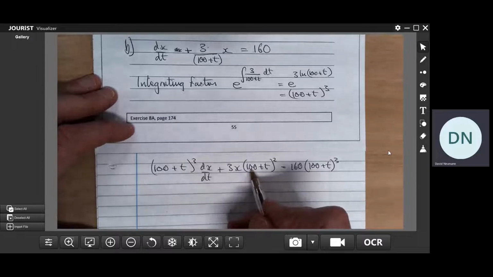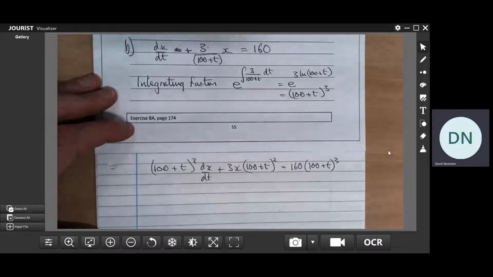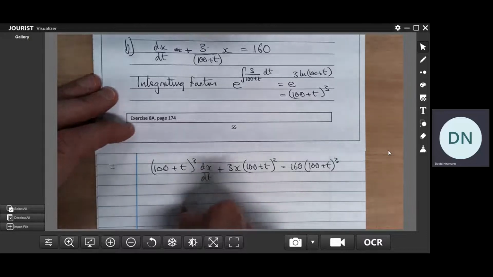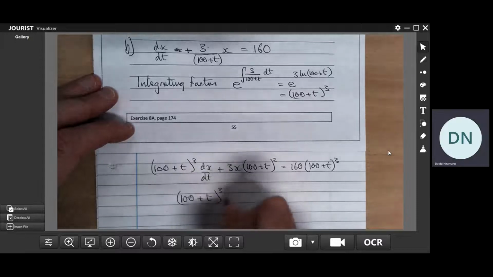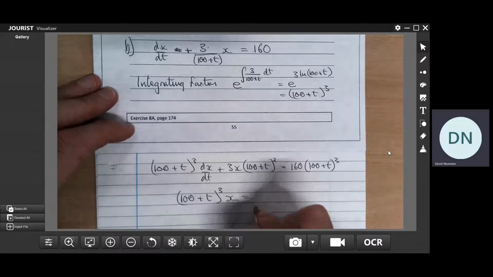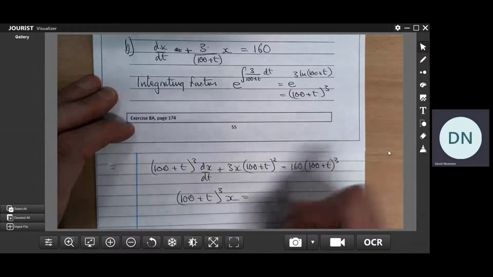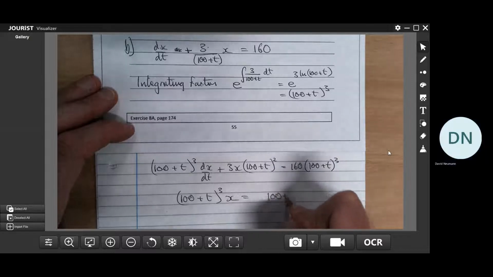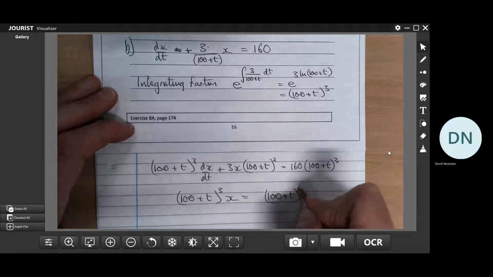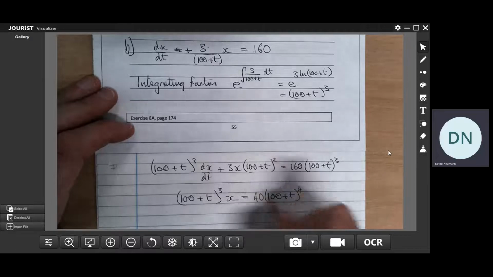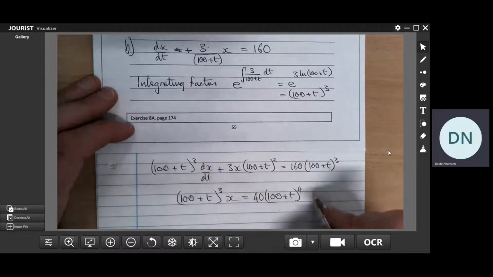Integrate both sides. This is in the form of the derivative of the product rule. So we get 100 plus t cubed times x is equal to, on this side, 100 plus t to the power of 4. So we need 40 here, 4 times 40 gives us that 160 when we differentiate, plus c.